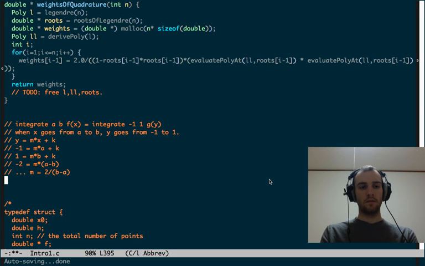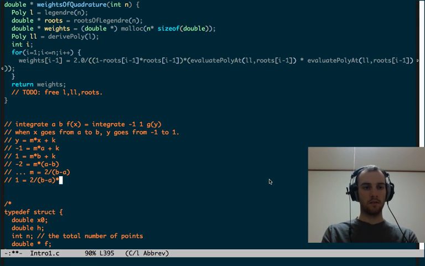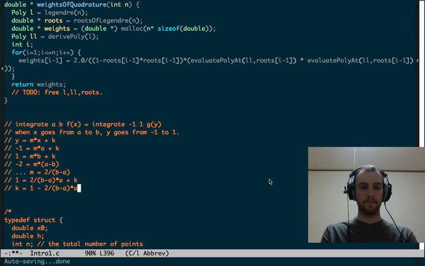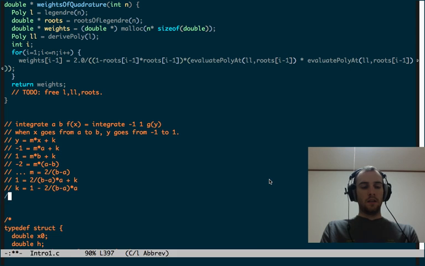And you can plug that in the second equation to get 1 equals 2 over b minus a times a plus k. So k equals 1 minus 2 over b minus a times a. Okay.